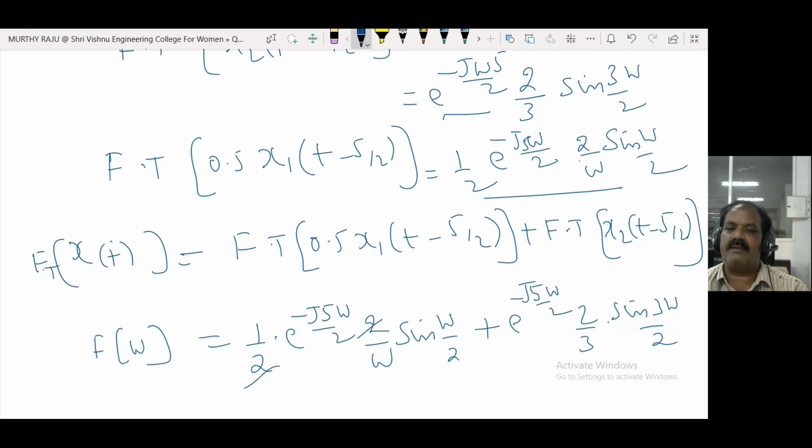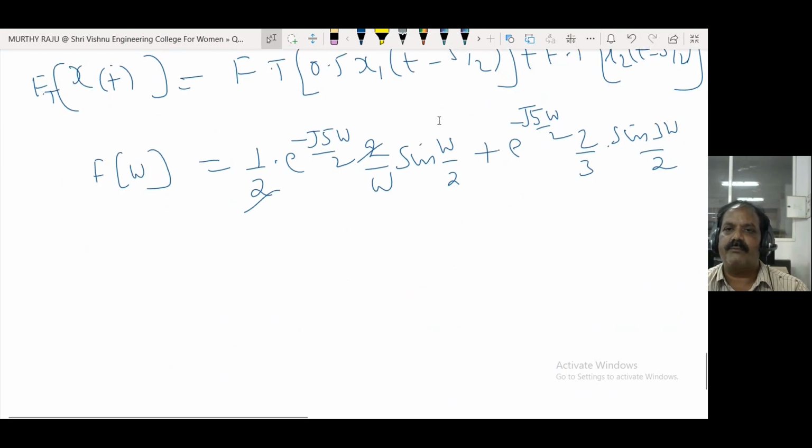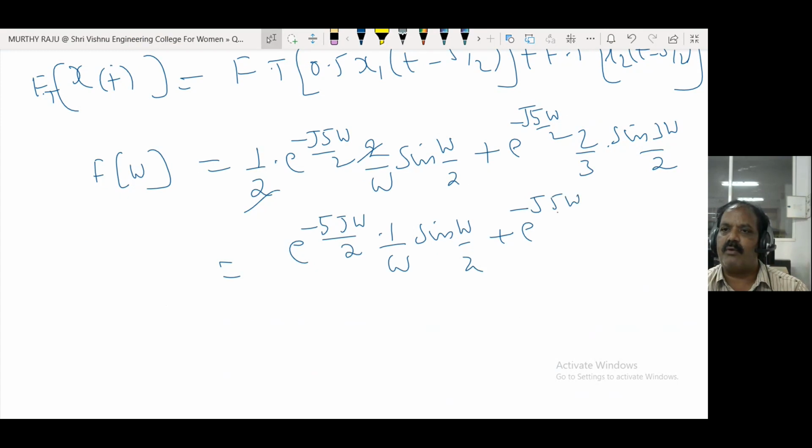Here the 2 cancels. So we get e power minus j 5 omega by 2 times 1 by omega sine omega by 2, plus e power minus j 5 omega by 2 into 2 by omega sine 3 omega by 2.